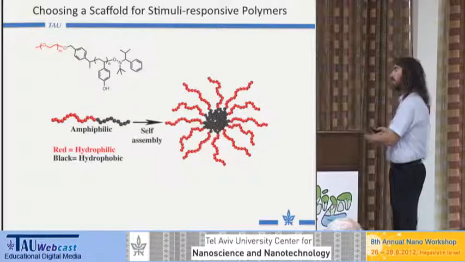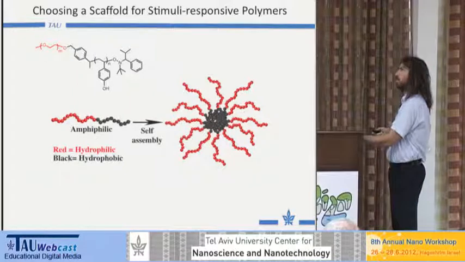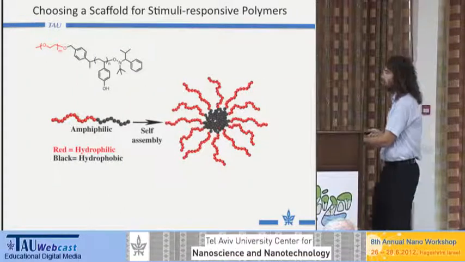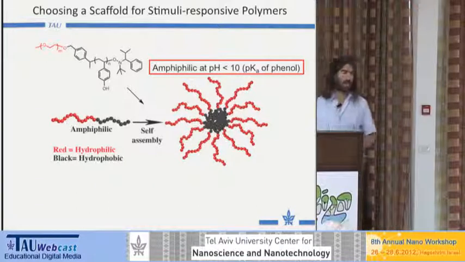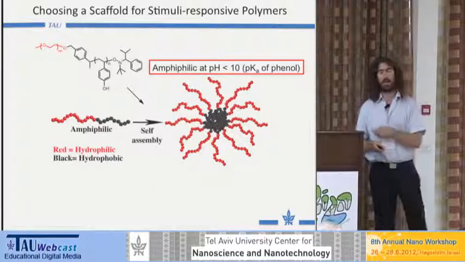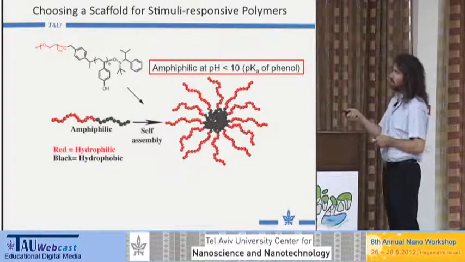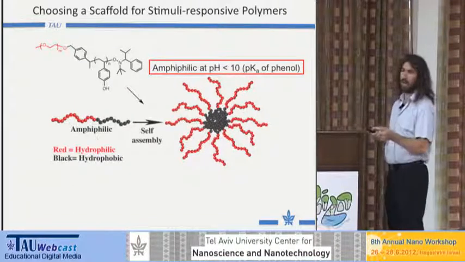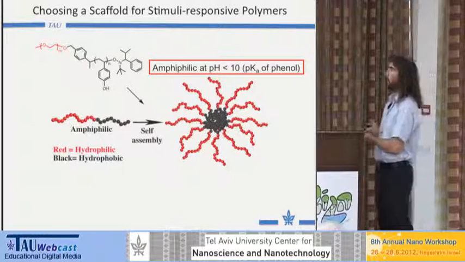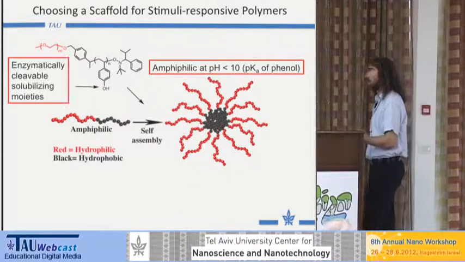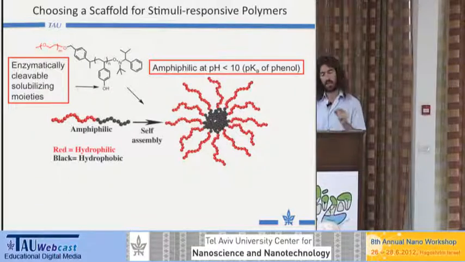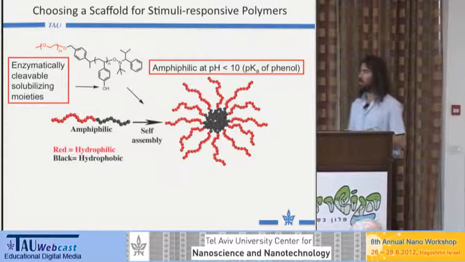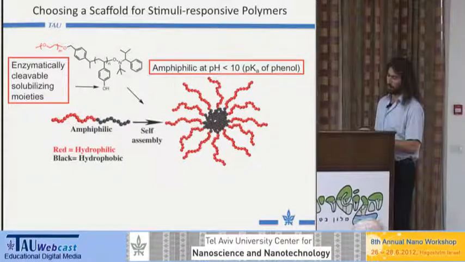The reason for choosing 4-hydroxystyrene is that the phenol has a pKa of 10, so at pHs lower than 10, this phenol has the proton and is going to be hydrophobic. Further on, we can use this phenol to attach to it the enzymatically triggered function that can be cleaved later by the enzyme.